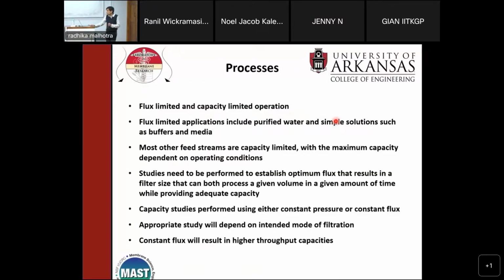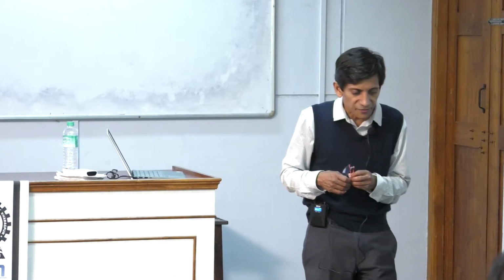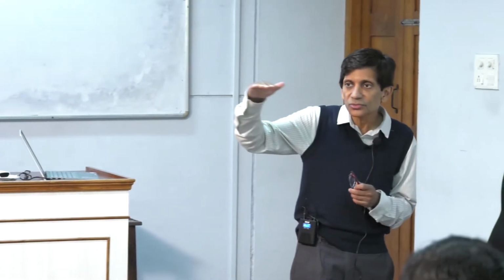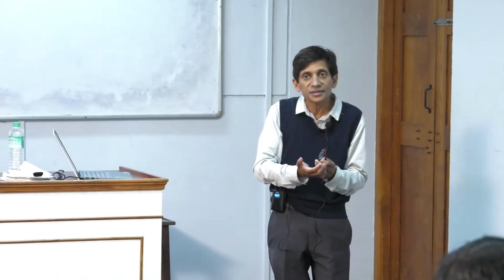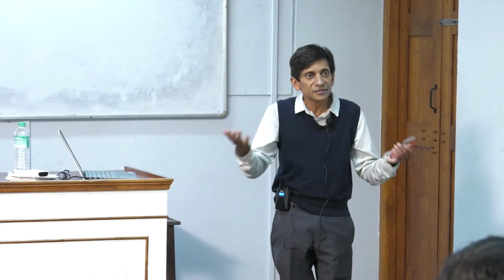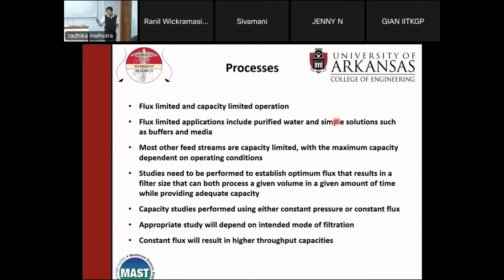Processes. So we can have so-called flux limited and capacity limited operations. Flux limited means that we can only go to a maximum flux and we cannot exceed that. Capacity is very important because we can only treat a certain amount of material per surface area, and then after that the membrane fouls, you have to throw it away. So there are two different types of operation. Flux limited applications include purified water and simple solutions such as buffers and media.